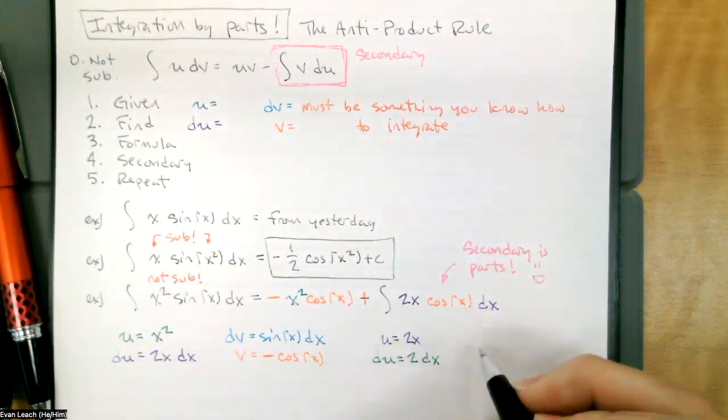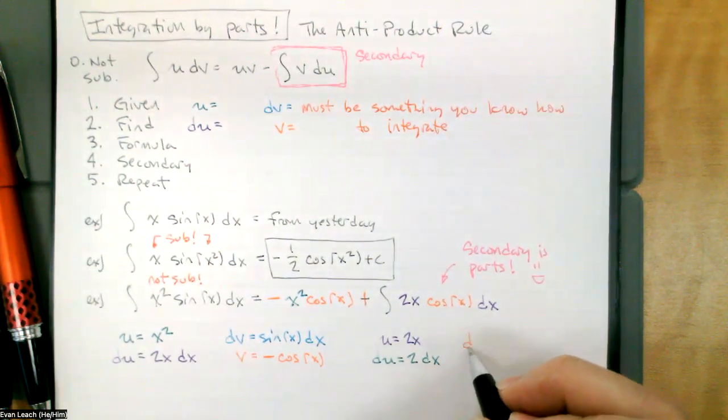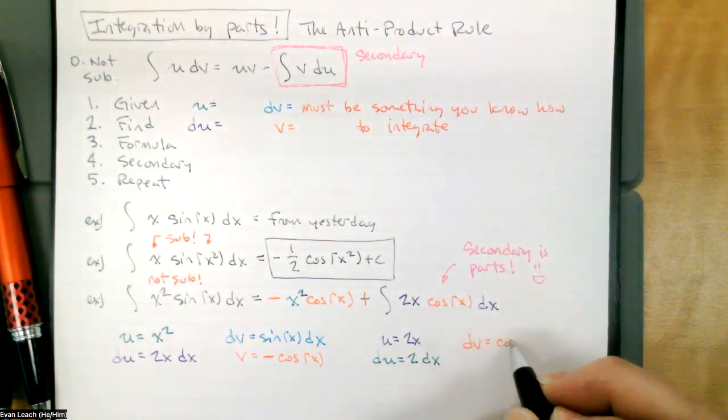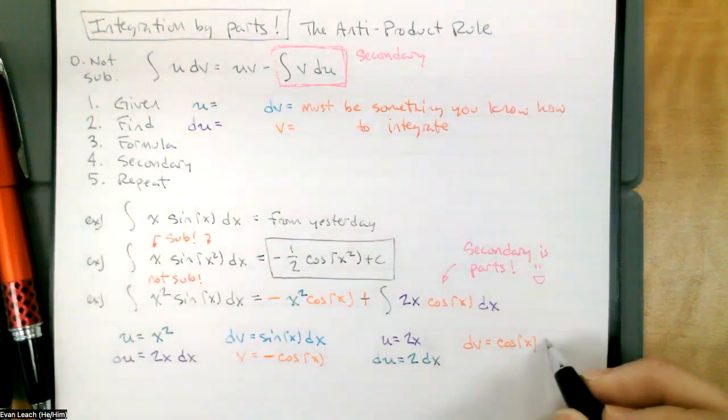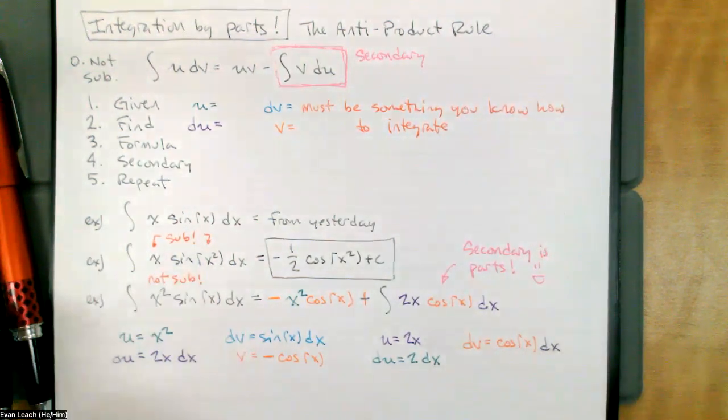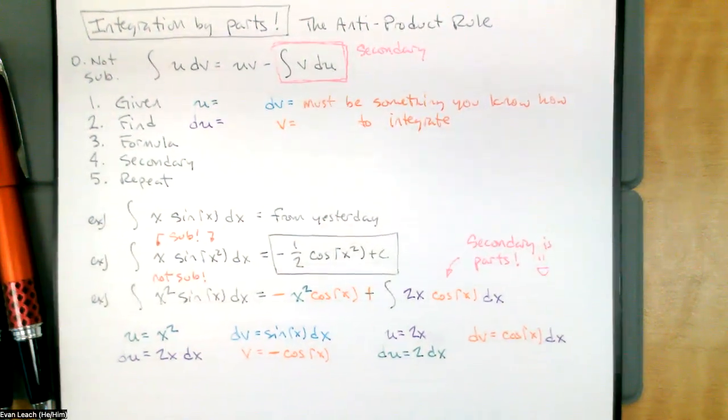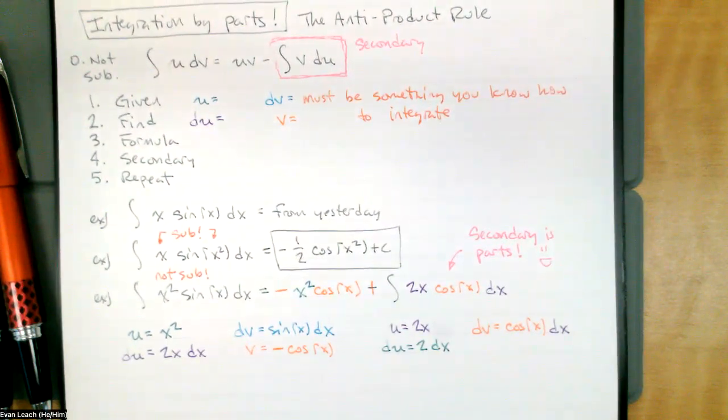If I choose u to be 2x, then the dv will be cosine of x dx. Since we're just started on this process, I'm including the dx always with the dv and then getting rid of it when we integrate. And then the dx shows up when we find du.